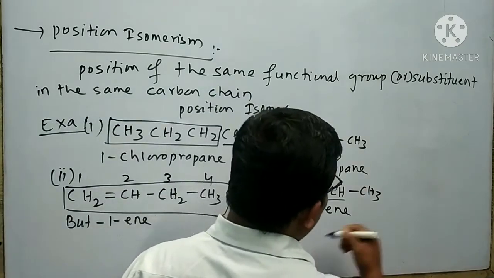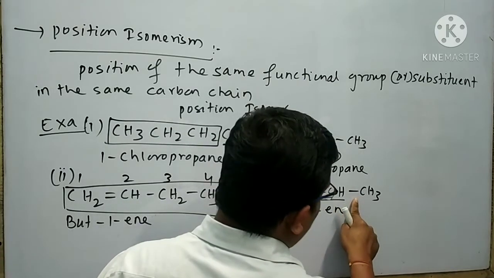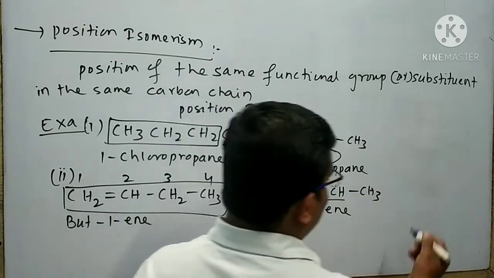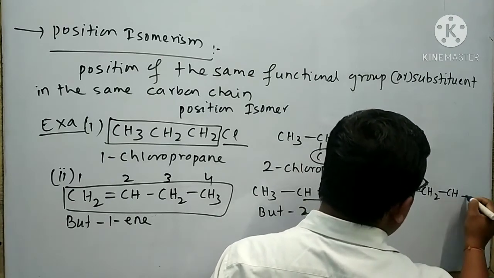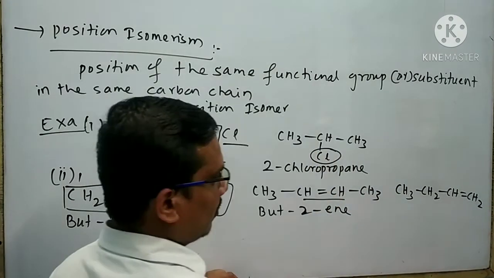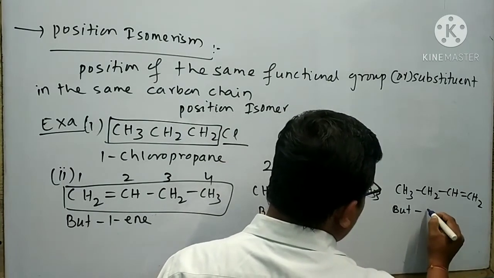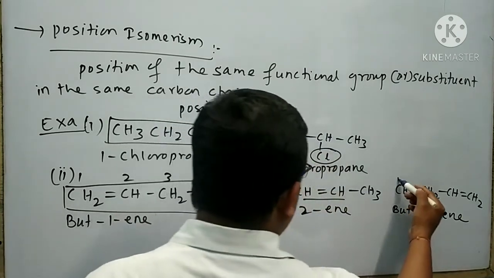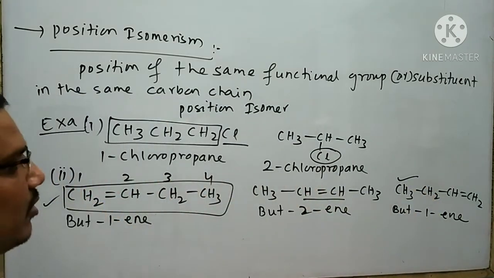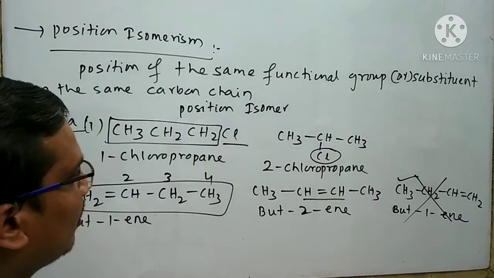Suppose I want to change this double bond from this carbon to this carbon, then I can write the structure like this: CH3 bond CH2 bond CH double bond CH2. The name of this organic compound is also but-1-ene. Look at that, this compound is the same as this compound, so I cannot take this compound into consideration.